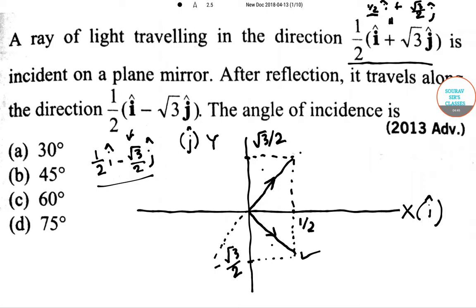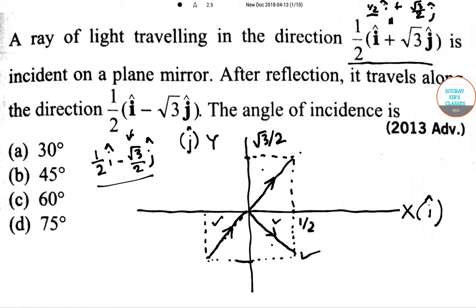So the actual path of incident light will be in this direction. So now this is our incident light and this is the reflected light.